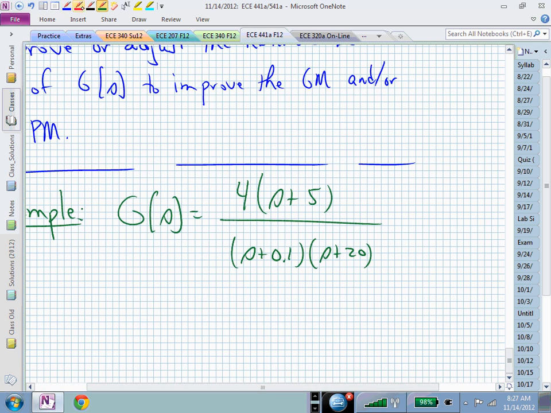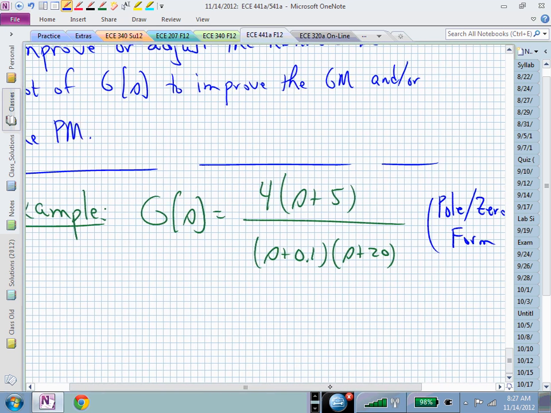This, as a representation, I like to refer to as being in the pole zero form.